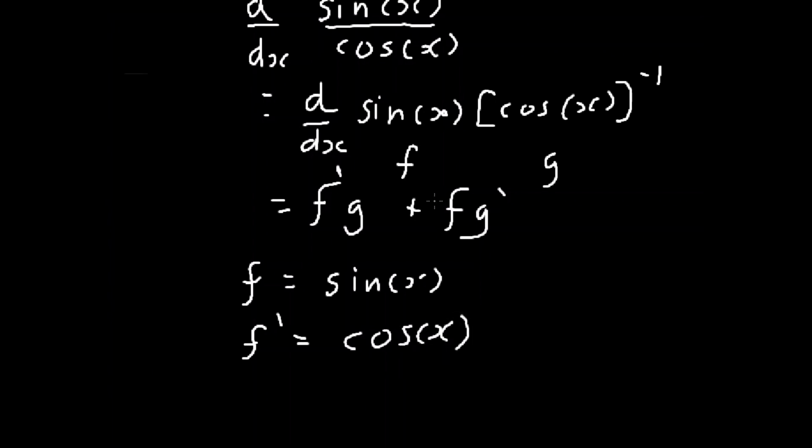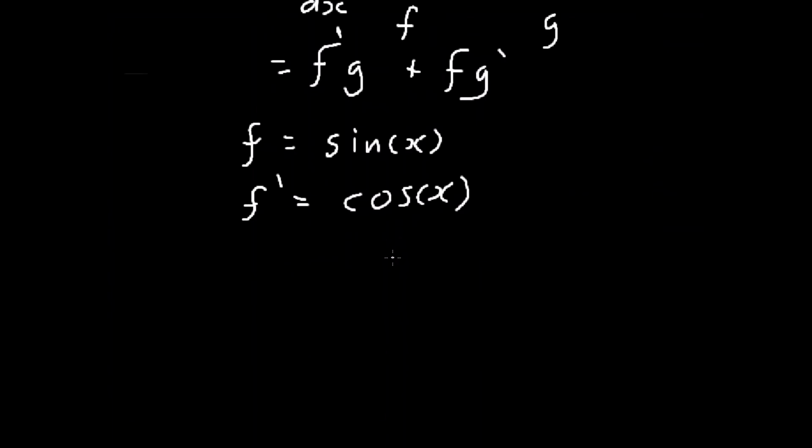Okay, so you need to know when to put a negative sign and when not to. I have a little acronym and I say that DC Comics is worse than Marvel. So if you differentiate cos, it ends up with a negative.